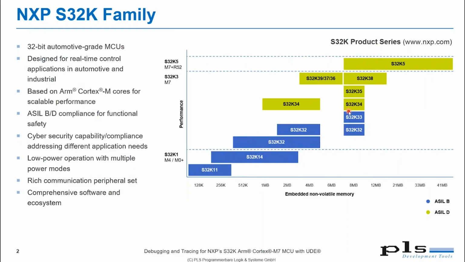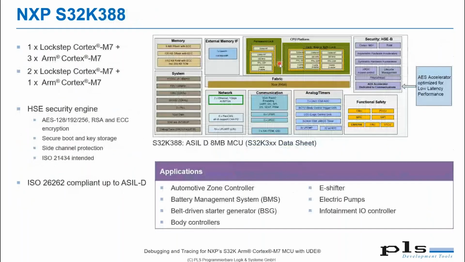Here we have single core configurations, multi-core configurations, and also lockstep configurations. And the latest addition to the family is the quite new S32K5, which expands the series to higher performance by adding a Cortex-R52 core together with the M7 cores.